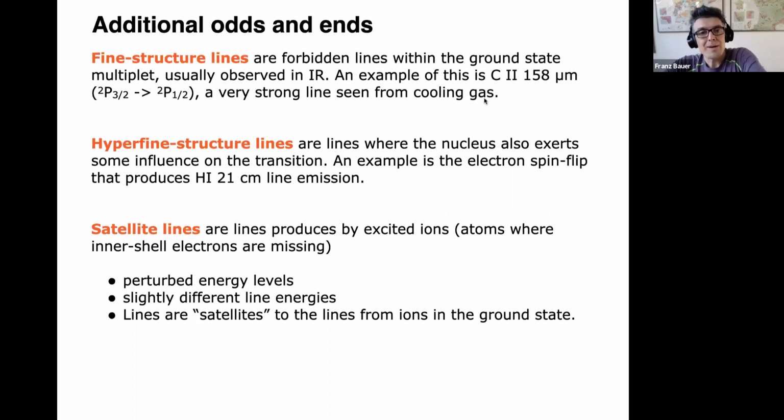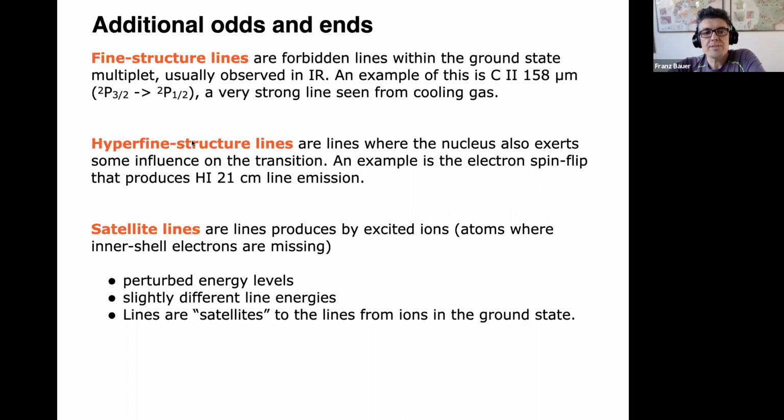Or sorry, 158 micron. And so this is actually in the infrared. This is a super strong cooling line in the infrared. And typically, something like 1 or a few % of the total energy that's radiated by gas and dust comes out in this line.